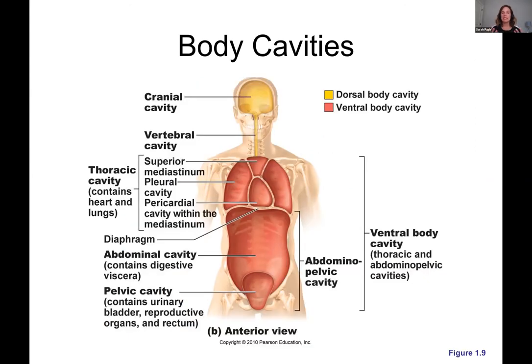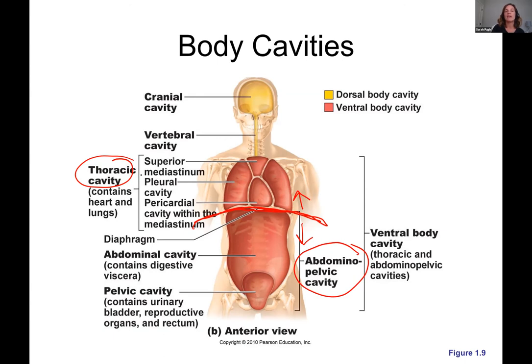So this is an image, an anterior view where you can see in red, this is the ventral cavity. So I'm going to draw a line right here. Here would be the diaphragm. Okay, everything above the diaphragm is the thoracic cavity. Everything below the diaphragm is the abdominopelvic cavity. And then we have our subdivisions, right?